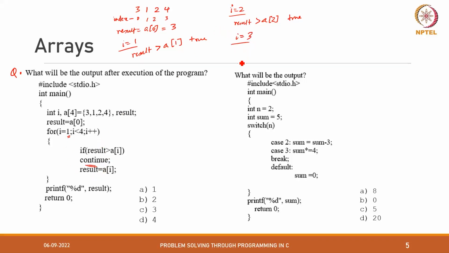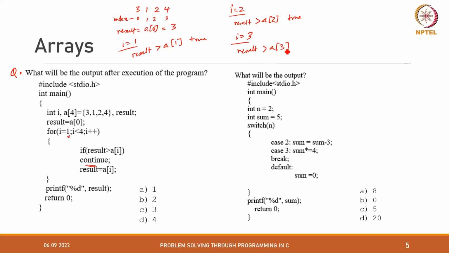So now it goes to I is equal to 3, the last iteration. Again the condition result greater than a of 3 is checked. The value of a of 3 is 4. Our result currently has a value of 3, and a of 3 is 4.